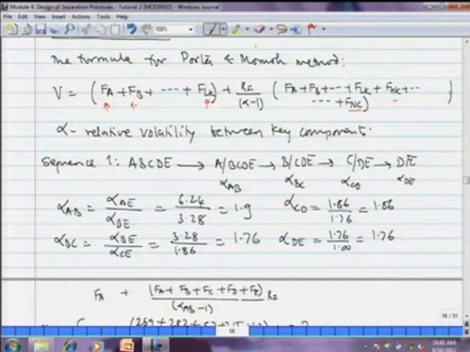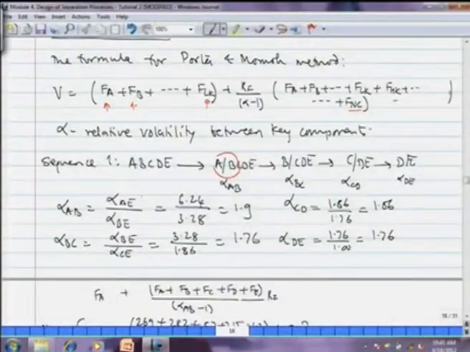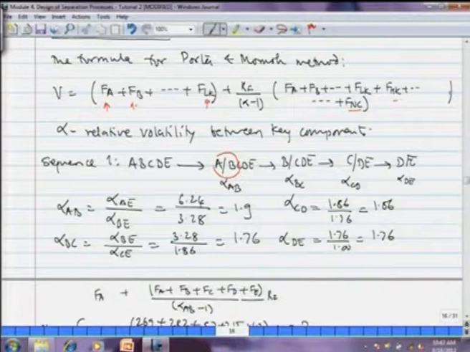We have been given relative volatilities with respect to E, the heaviest component, but when we are splitting between different components, like here between A and B, we have to calculate alpha AB, the relative volatility between adjacent components. That we can do by taking the ratio of relative volatilities of adjacent components with respect to E. So, alpha AB is calculated as alpha AE divided by alpha BE.